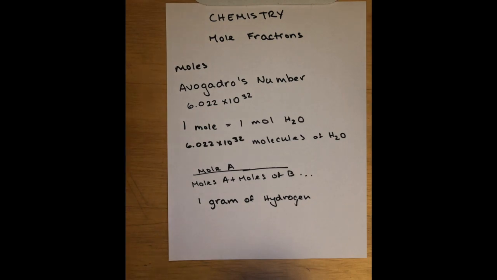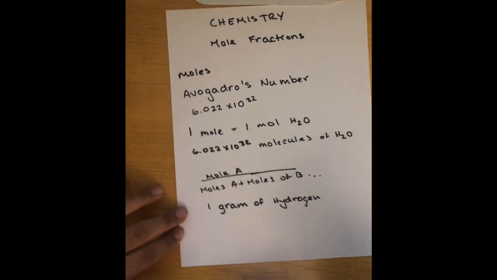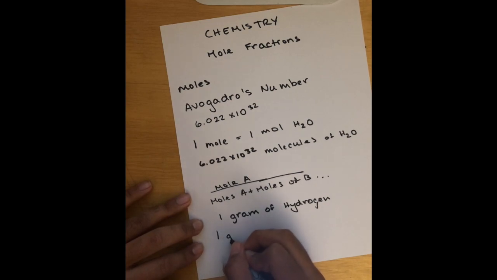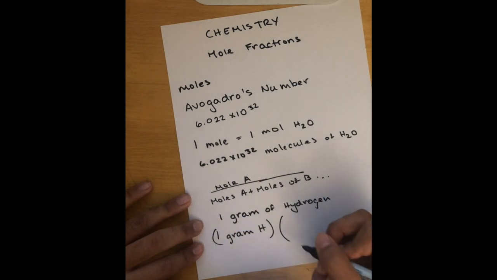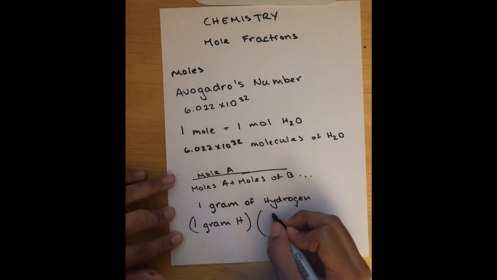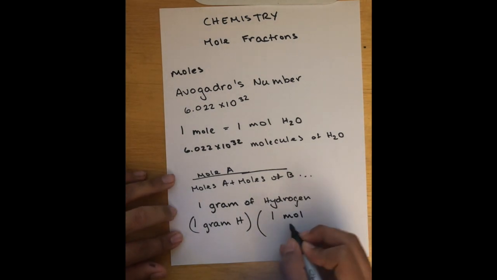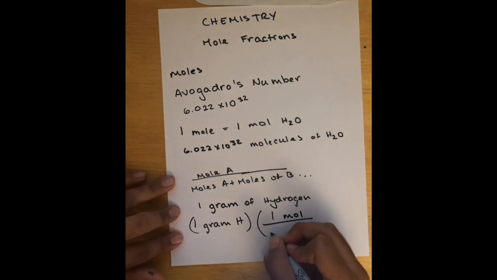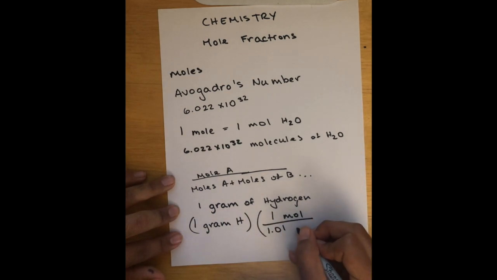So let's figure out, if we have 1 gram of hydrogen, then we can find the moles by doing 1 gram H times 1 mole over its molar mass, which is 1.01 grams.